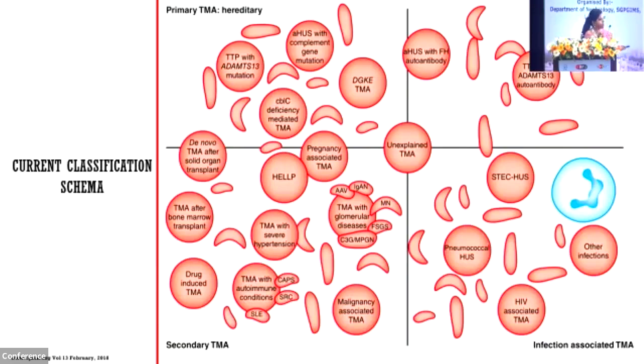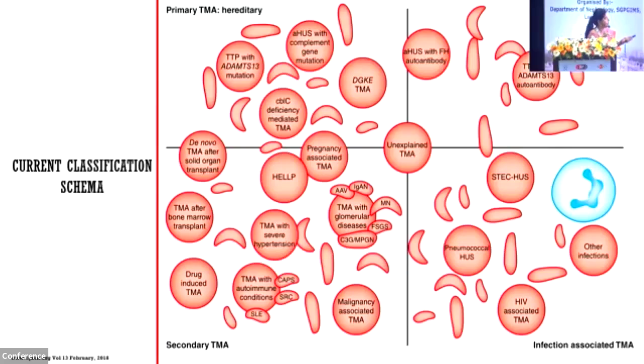Now, coming to the secondary TMAs, there are many entities here. There are TMAs related to glomerular diseases. There are malignancy-associated TMAs. There are drug-induced TMAs. TMA secondary to autoimmune conditions, severe hypertension, and especially if you look at these two conditions, that is the pregnancy-associated TMA and the TMA after solid organ transplant.